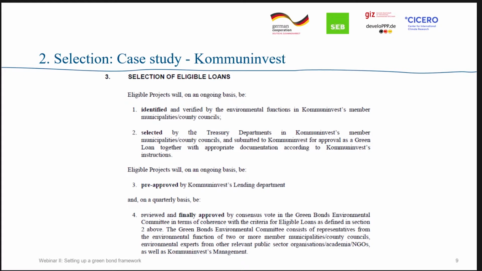Given that Communinvest, before entering the green bond market, didn't have in-house environmental competence, the establishment of the environmental committee was an adequate and efficient way of insourcing such competence in a way that safeguards that high environmental standards are met throughout the green bond and green loan process.